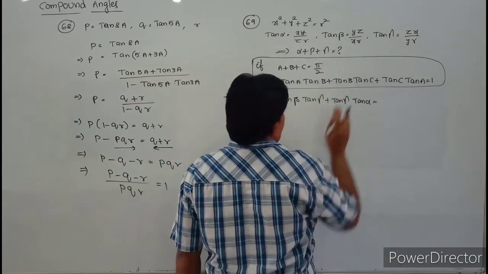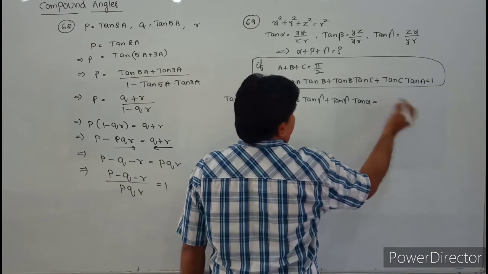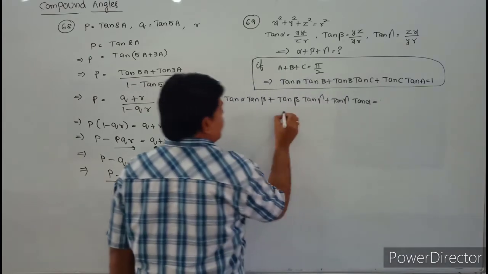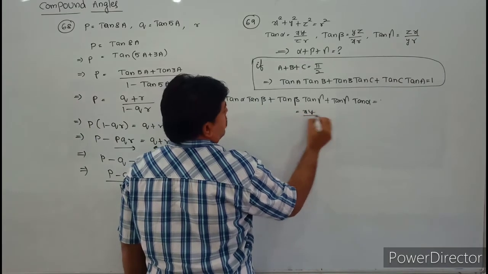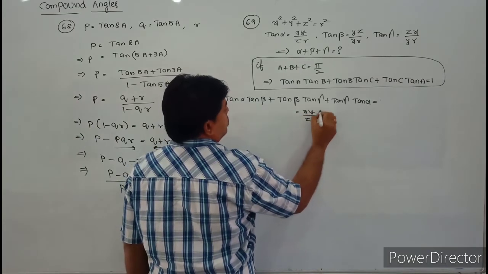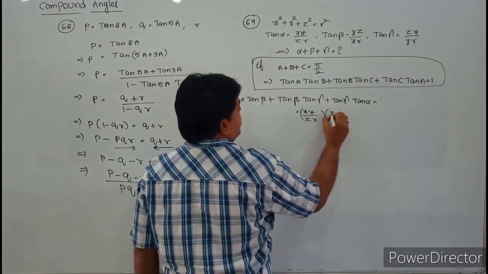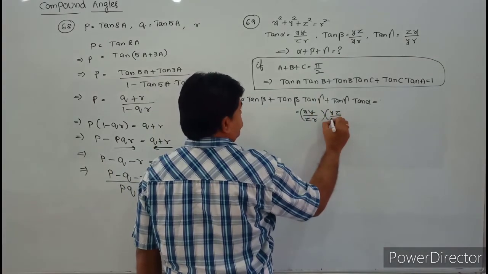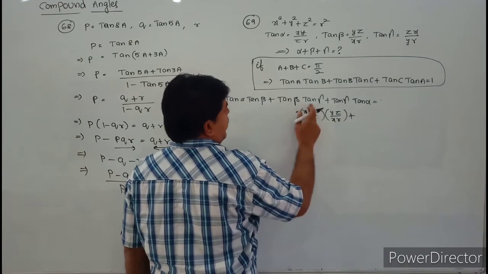See this one students, first one is xy. So what is that value? xy by zr into tan beta. Tan beta is yz by xr, plus tan beta into tan gamma.